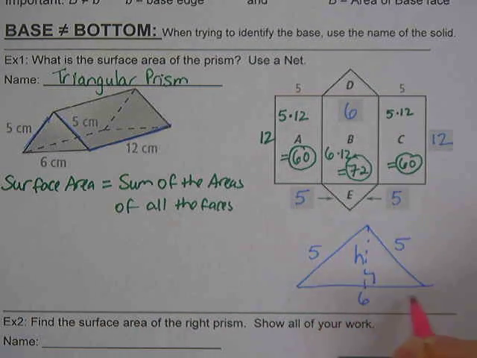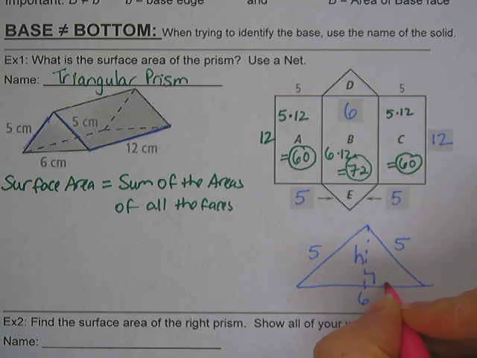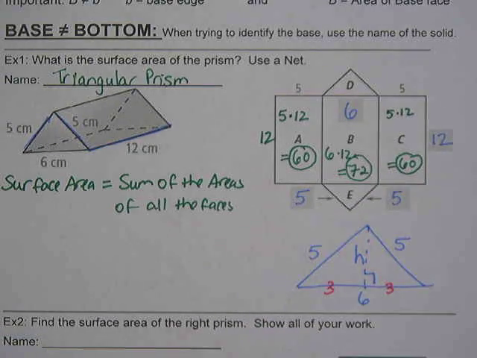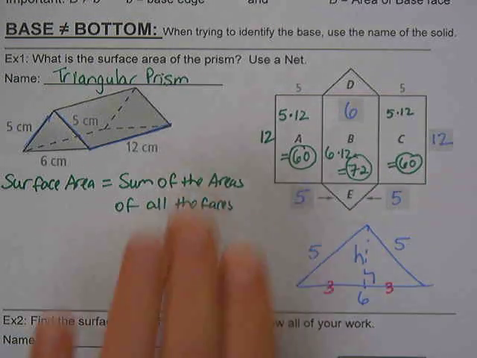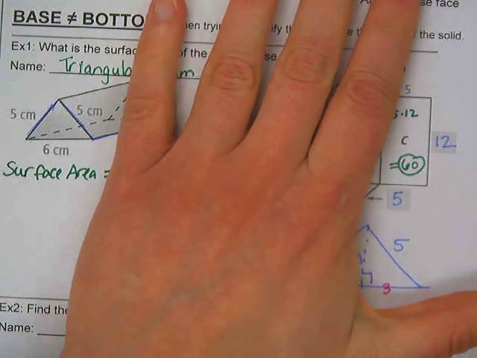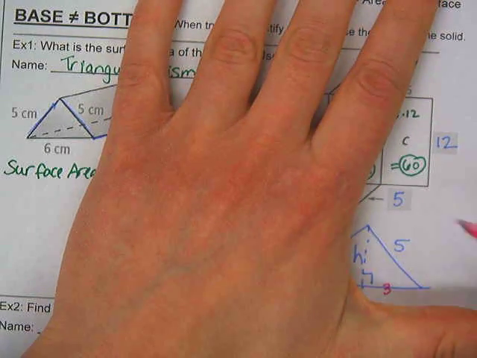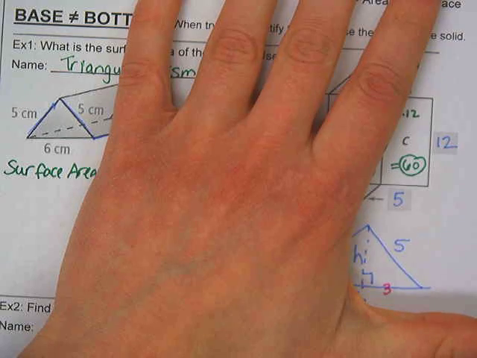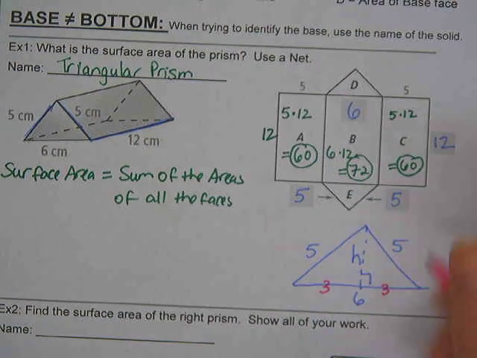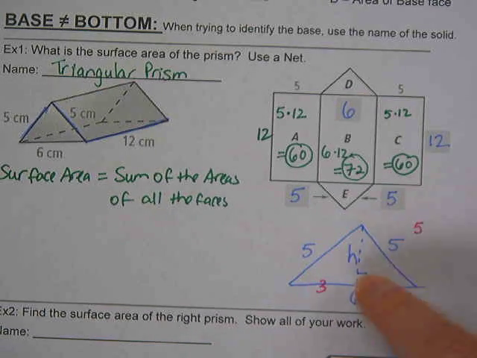Because this triangle is isosceles, this height, when I drop down the perpendicular, cuts the opposite side exactly in half. So this is a 3, and this is a 3. Now I have a right triangle. How do you find a missing side in a right triangle?